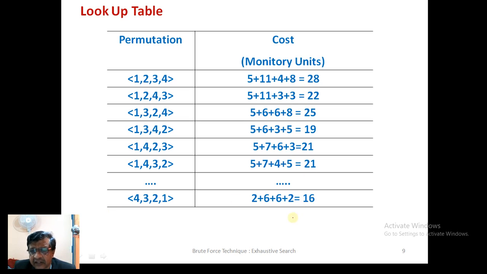Here we have, interestingly, the solution, and this is the minimal cost. You need to attach person 1 with job 1, person 2 with job 3, person 3 with job 2, and person 4 with job 1. It will cost the company 16 units, maybe 16 crores or 16 lakhs or whatever. Like this you have to generate.